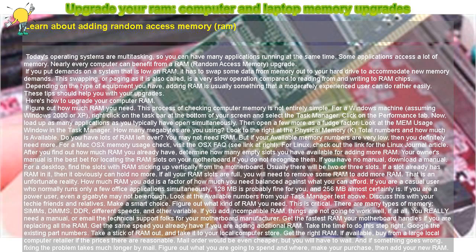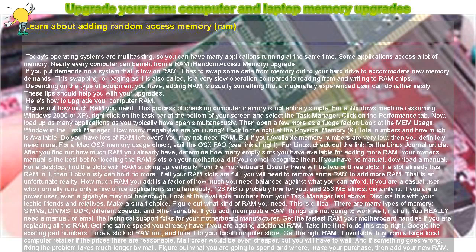How much RAM you add is a factor of how much you need balanced against what you can afford. If you are a casual user who normally runs only a few Office applications simultaneously, 128 megabytes is probably fine for you, and 256 megabytes almost certainly is.